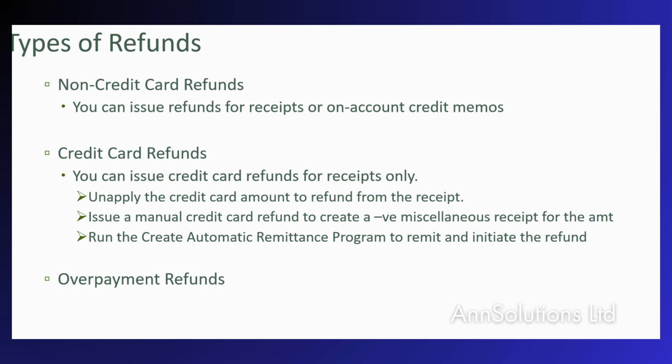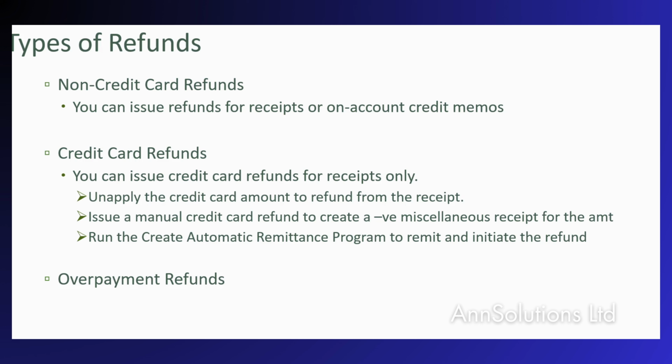All you have to do is basically unapply the credit card amount to refund from the receipt, issue a manual credit card refund to create a negative miscellaneous receipt for the amount, and then run the create automatic remittance program to remit and initiate the refund. So this is for the credit card refund, and you might receive overpayment receipts.